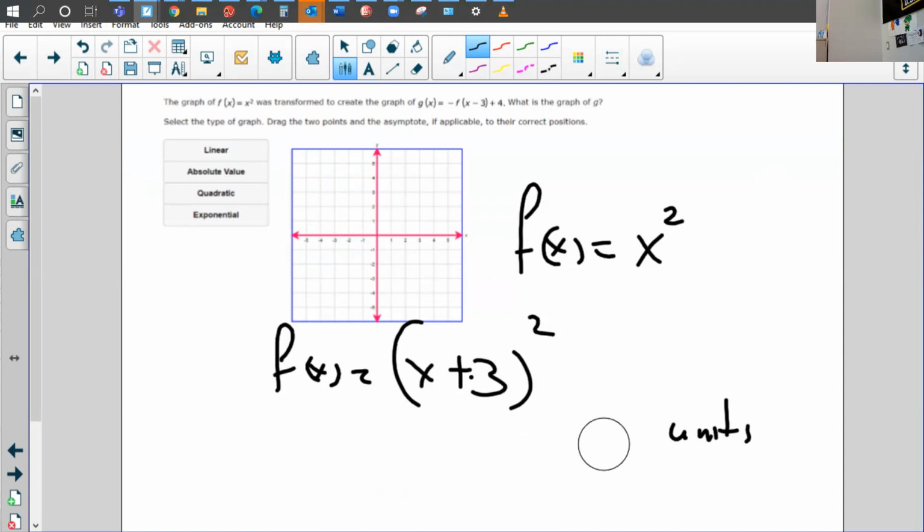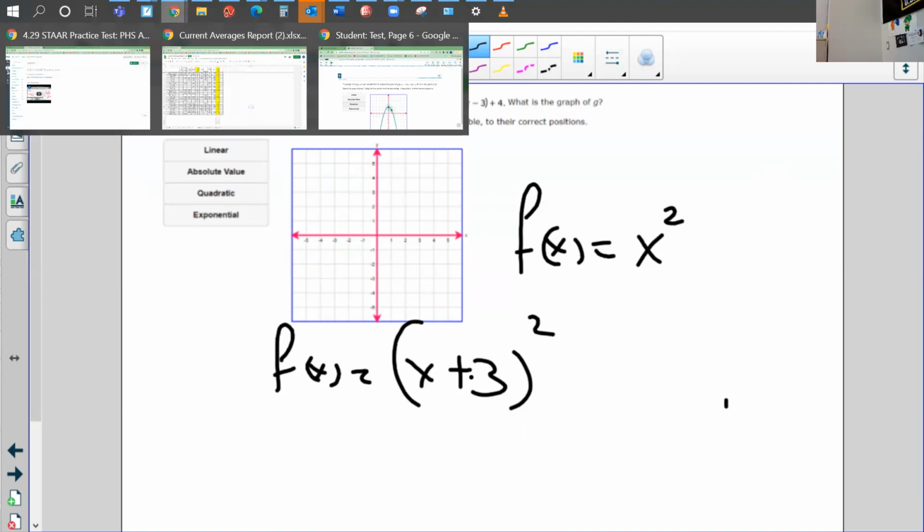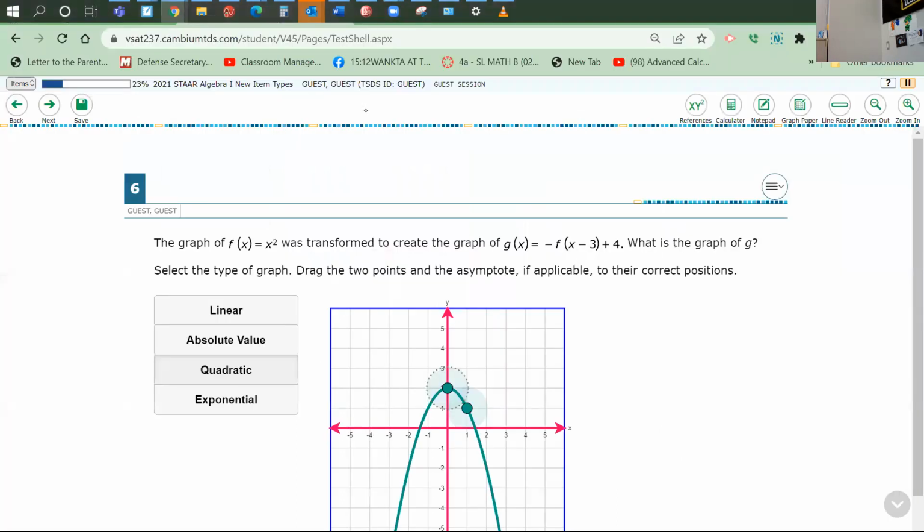You've got to remember that stuff. So x minus 3, the graph shifts 3 units to the right. So I'm going to move this 3 units to the right. That's 1, 2, and you've got to play around with this to move it 3. Now the plus 4 just tells you that the graph moved up 4 units.